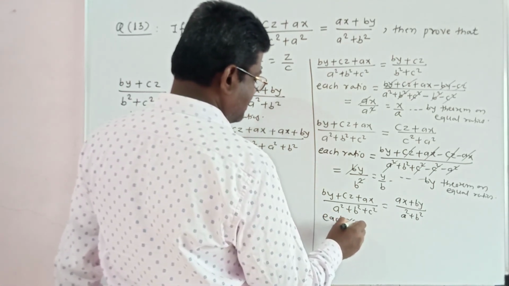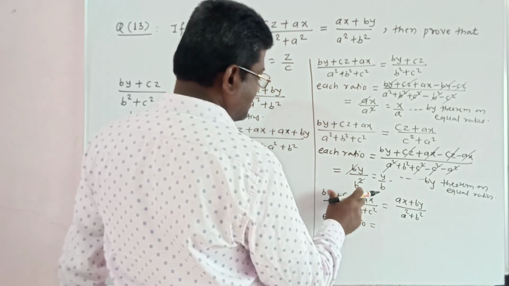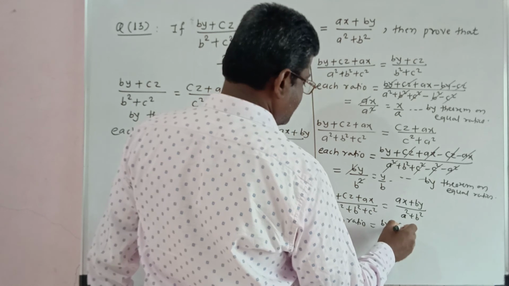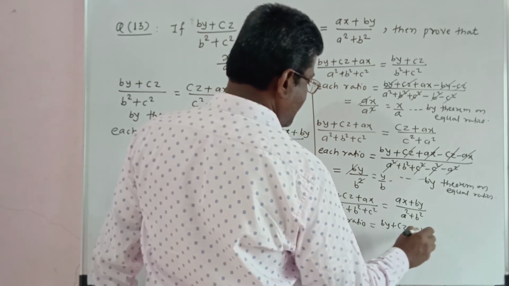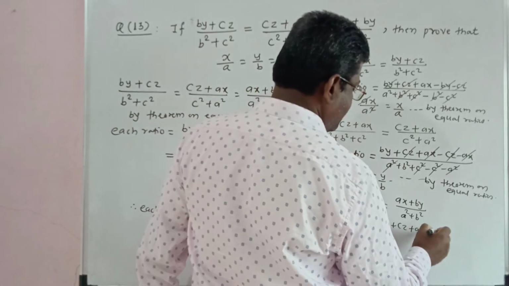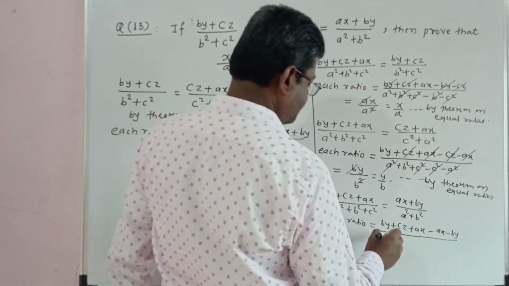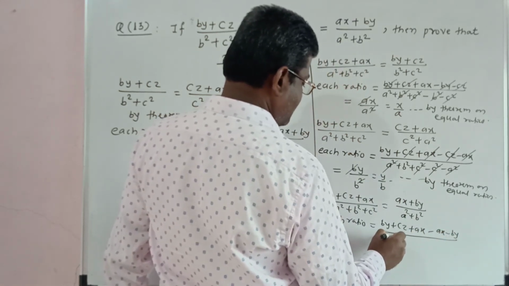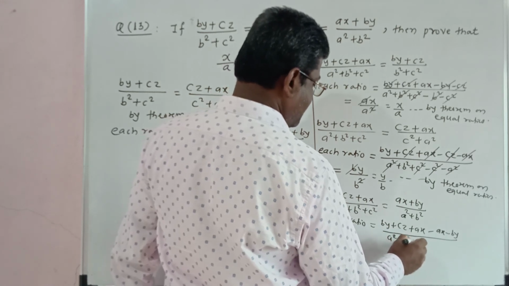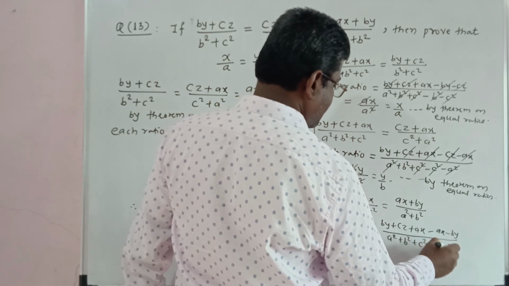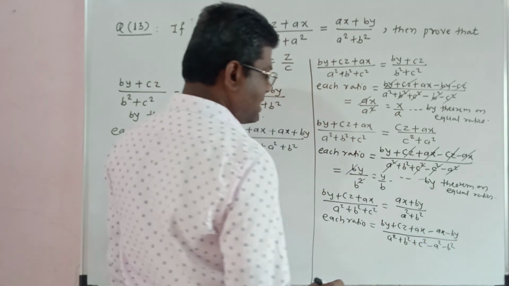Then each ratio is equal to numerator minus numerator, (by plus cz plus ax) minus (ax plus by), upon (a square plus b square plus c square) minus (a square plus b square).